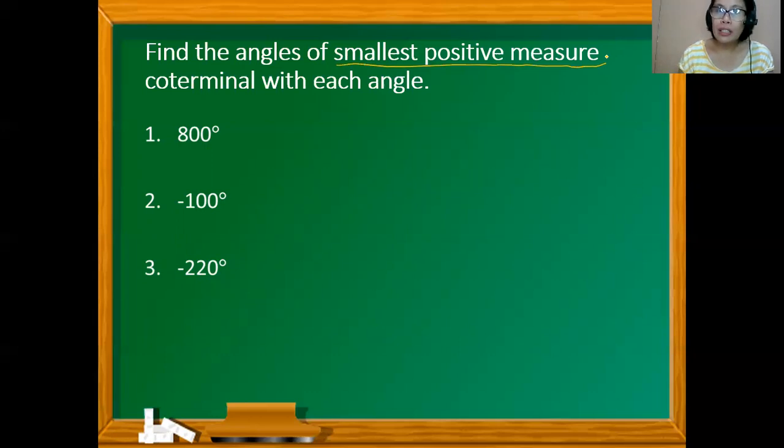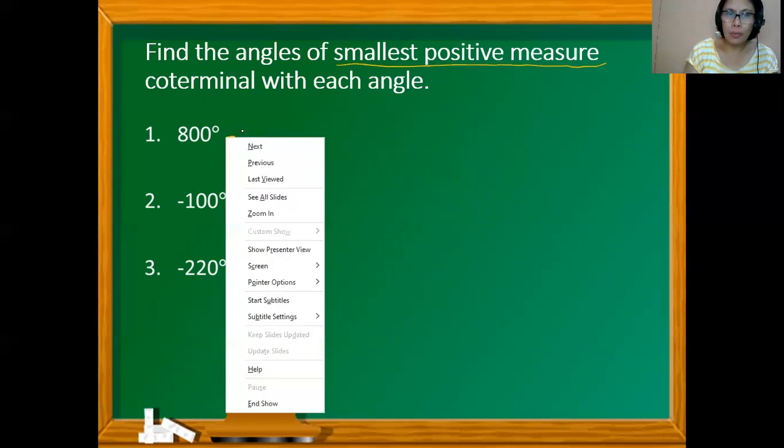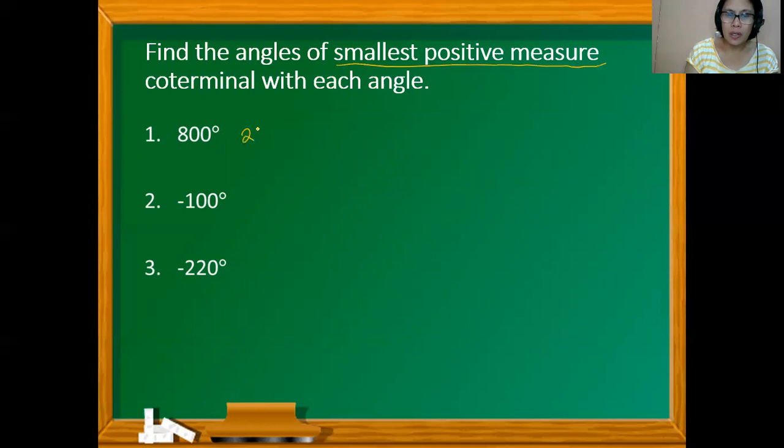To come up with that value, we will subtract 360 from 800 as many times as we can until we reach a value less than 360. In this case, we subtract twice 360 from 800.